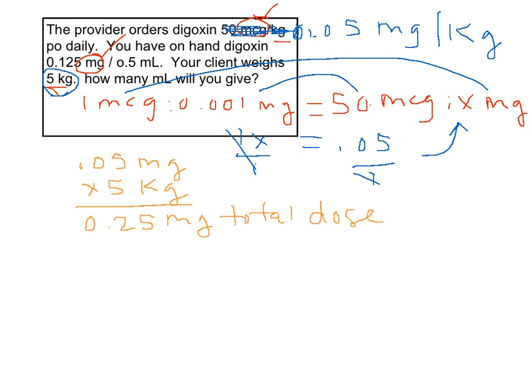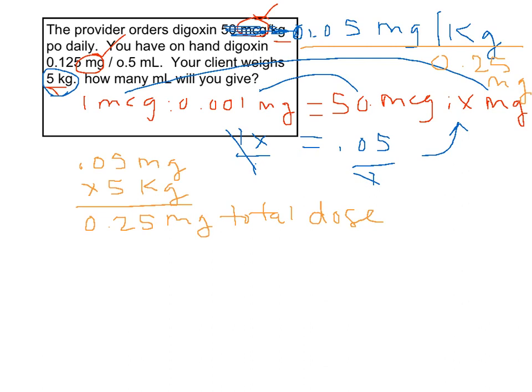So this 0.05 milligrams per kilogram now becomes an order that the doctor wants us to give digoxin 0.25 milligrams. And we figured that out because we multiplied their weight in kilograms by the dose that they need to get.